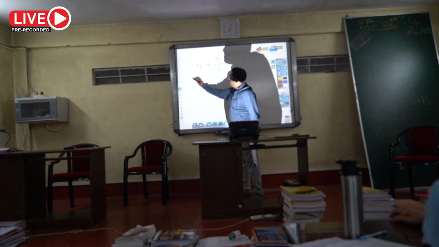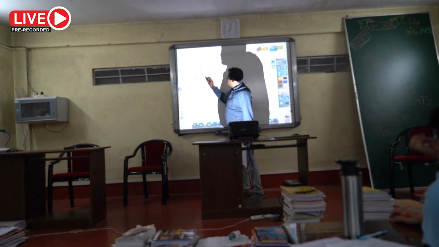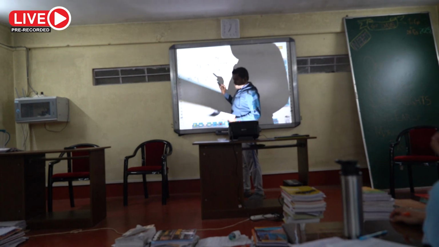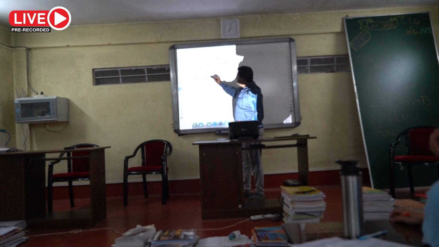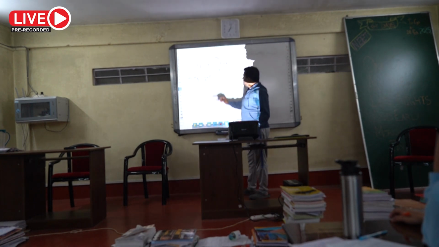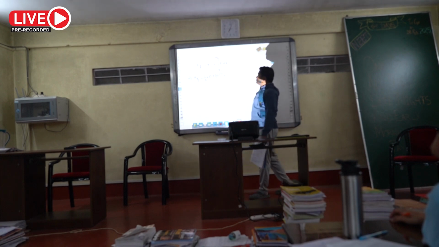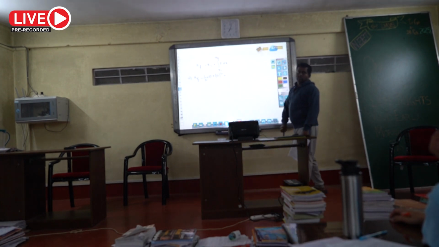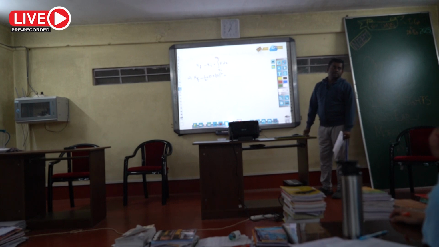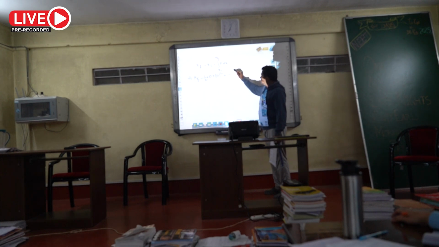Then we can write here Kf minus half into the mass of the particle, 10, into the velocity of the particle, 10 square. That is the initial kinetic energy, and it is equal to the work done by the retarding force. Retarding force means minus, so we have to put a minus sign.